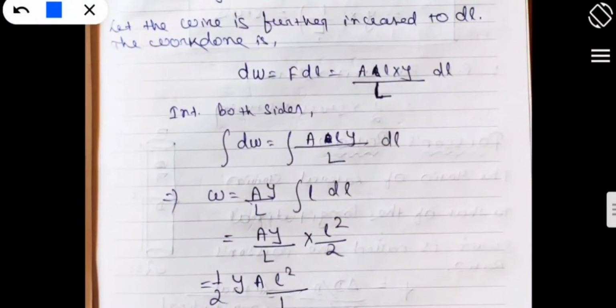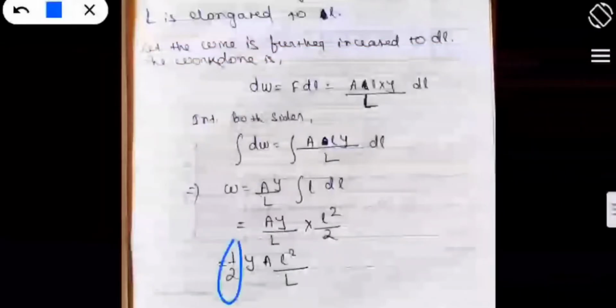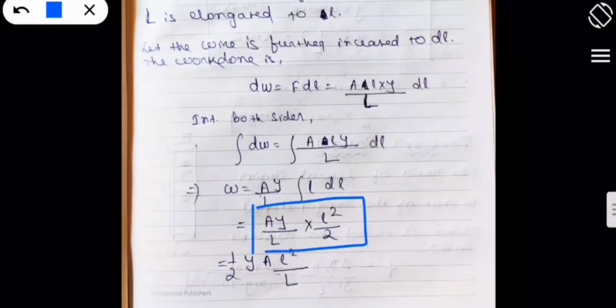So I can write this as half into Y into A into l squared divided by L. This representation I am writing in a proper manner: half into Y into A into l squared upon L.